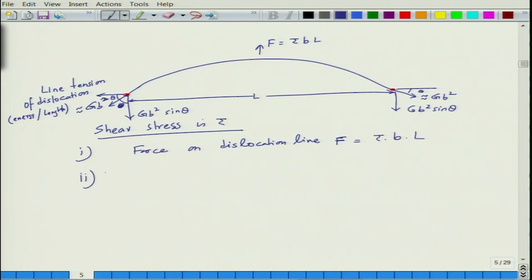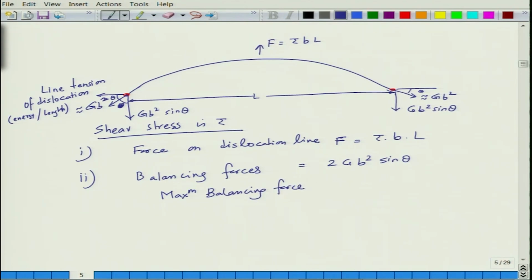So, basically the balancing forces are 2 G b squared sin theta. The maximum balancing force will be 2 G b squared when theta is equal to 90 degrees.